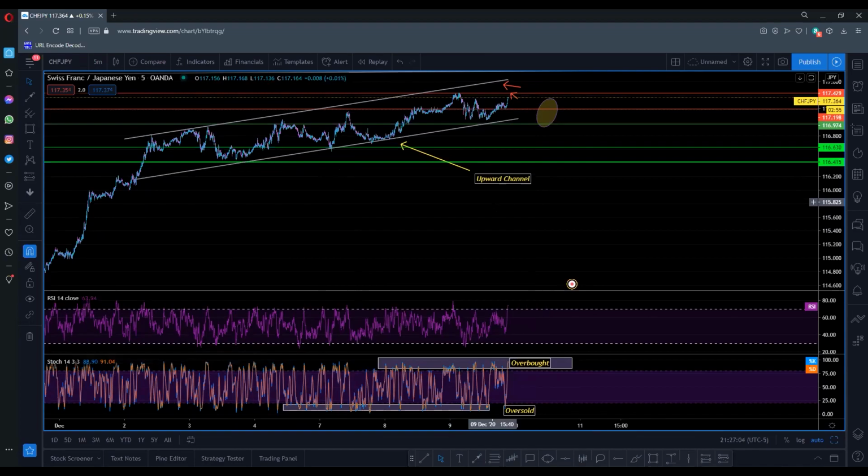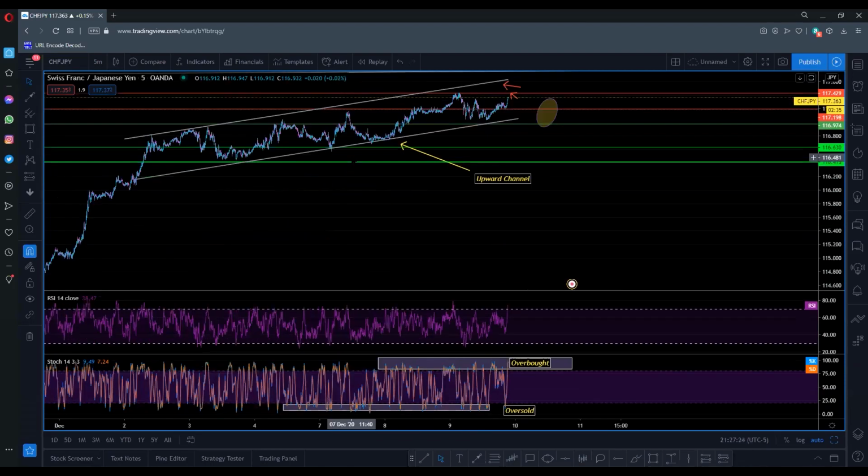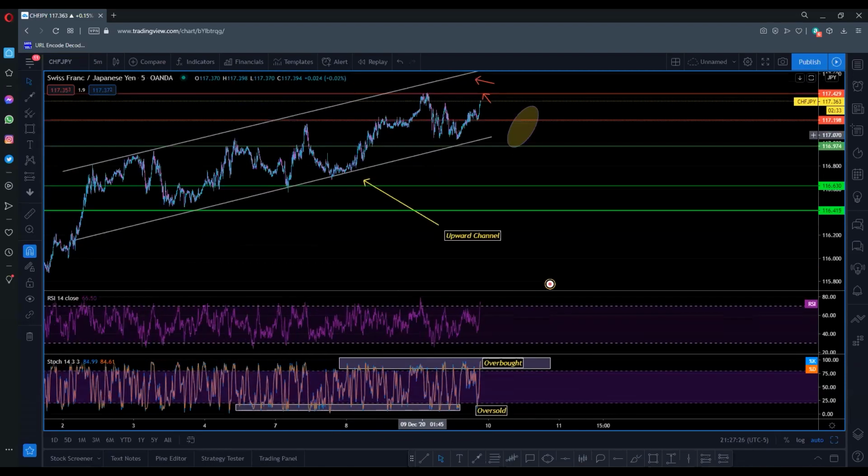Just because from the technical standpoint, it's very difficult for CJ right now to break further ahead and continue to break through. Although I'm seeing a decent amount of momentum, there's constant exhaustion towards the 117,300 area.